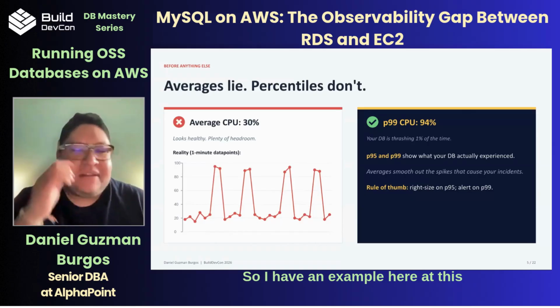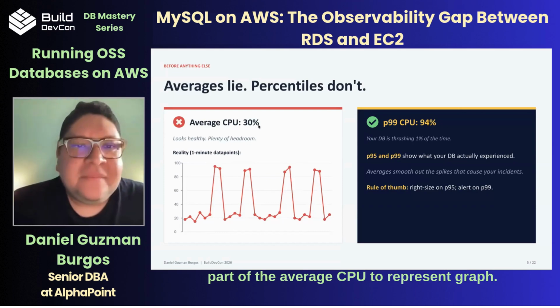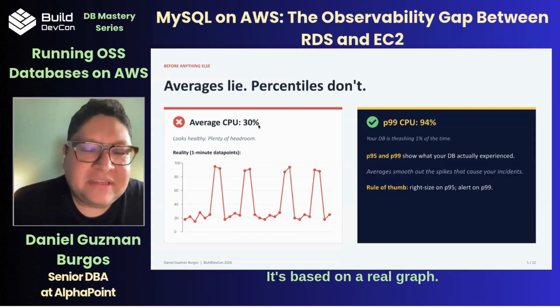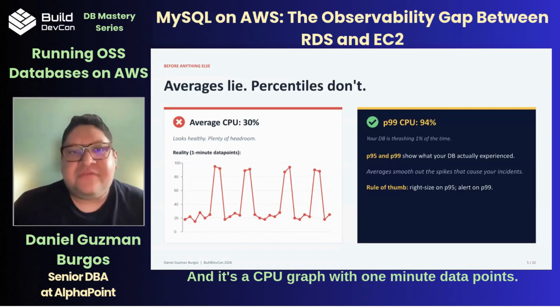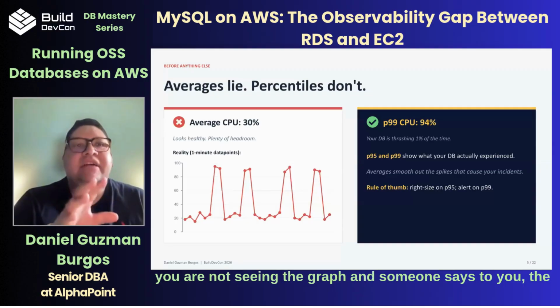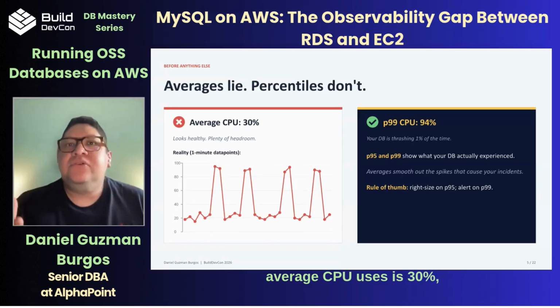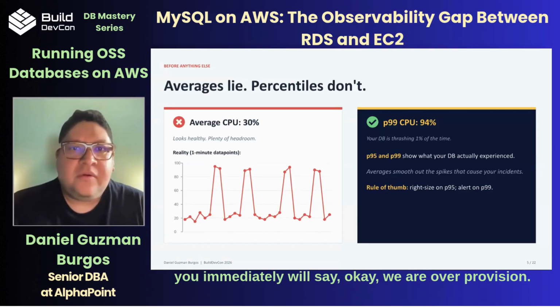I have an example here of an average CPU of 30%. It's based on a real graph, a CPU graph with one-minute data points. If you are not seeing the graph and someone says to you the average CPU usage is 30%, you will immediately say, okay, we are over-provisioned.